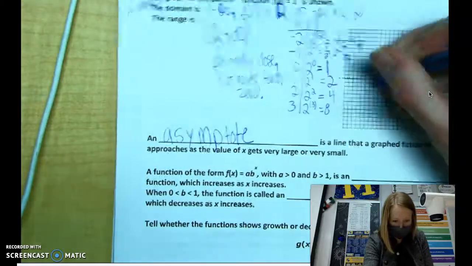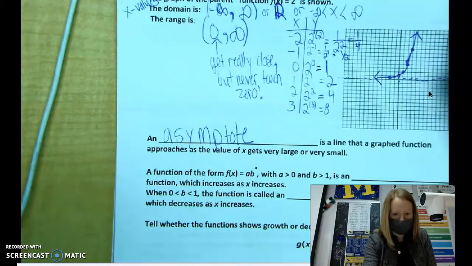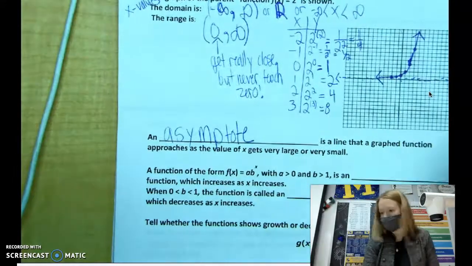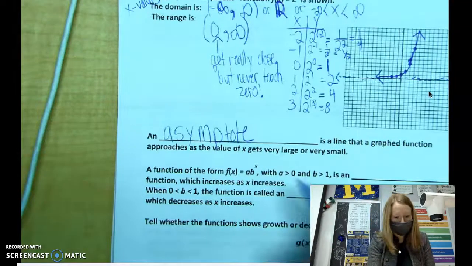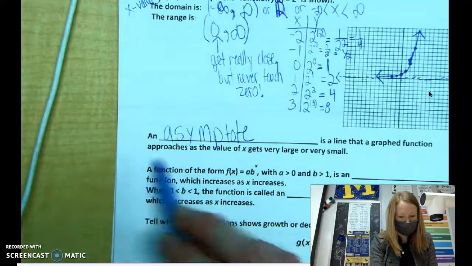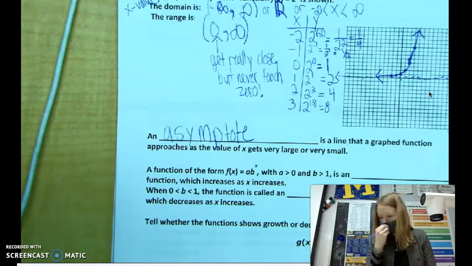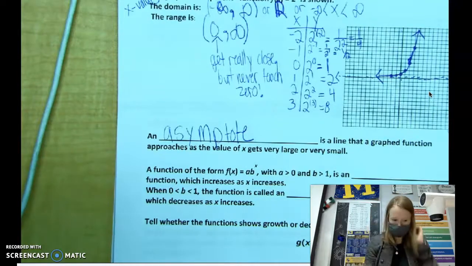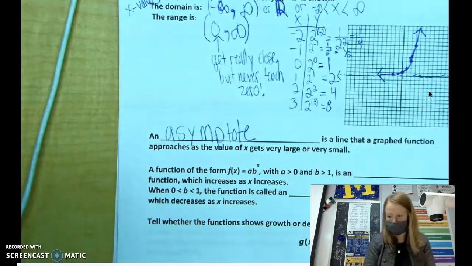I like to draw a dotted line, like, hey, we're going to approach 0, but we're never actually going to get there, right? So an asymptote is a line that a graphed function approaches. So this is my asymptote. So once again, we're approaching 0, but we'll never actually get there.